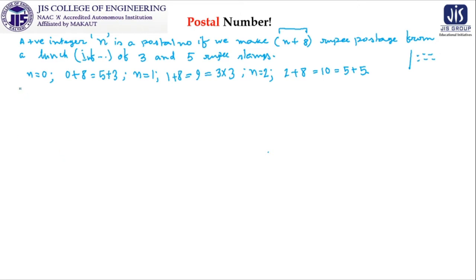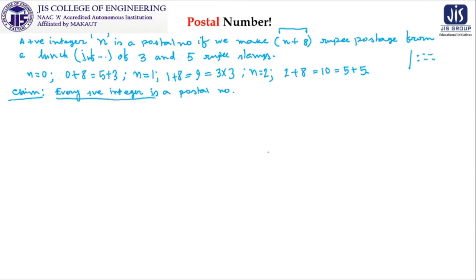Now the mathematical problem is that we have a claim. What is our claim? Our claim is every positive integer is a postal number.